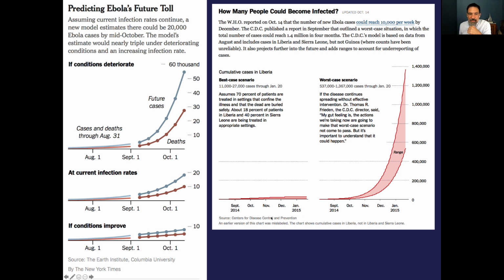But under their best case scenario, which included about 70% of Ebola patients being isolated and treated, it predicted between 11,000 and 27,000 deaths. So it seems like there were scenarios modeled by each of these different models that got into the ballpark of what actually ended up happening with the Ebola outbreak in the subsequent months after August 31st.